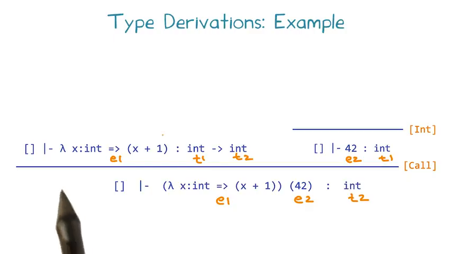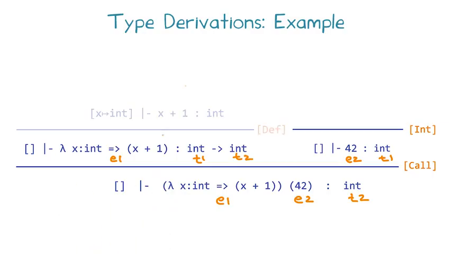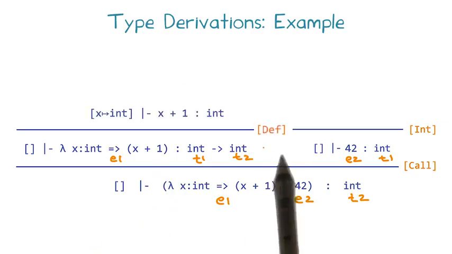If we look at the first hypothesis of the call rule, we see that we have a function definition. We therefore check to see that the def rule schema can be applied to this definition.